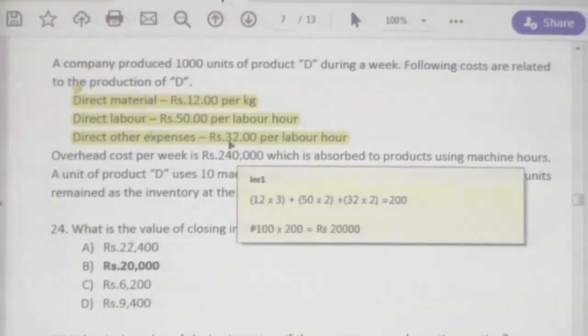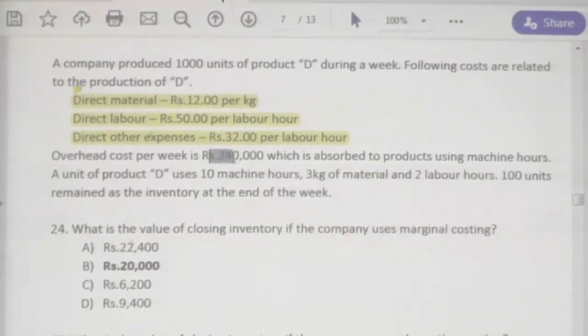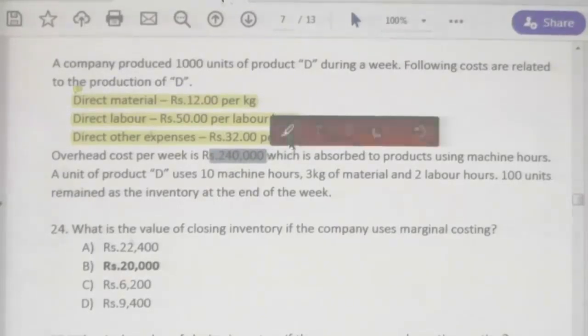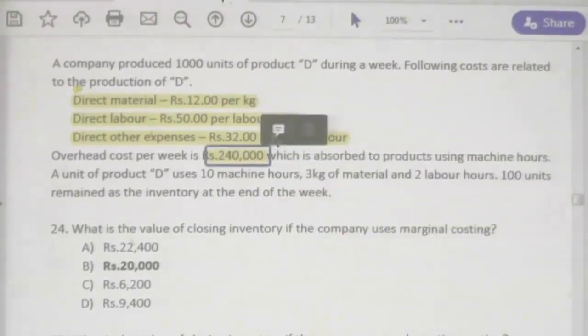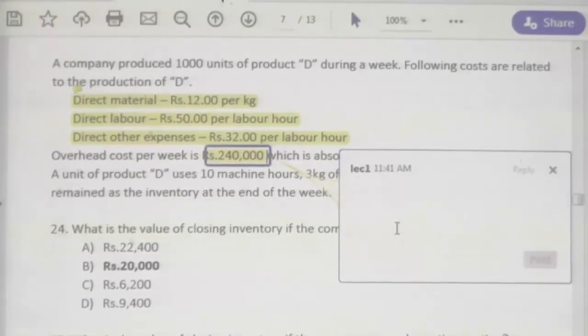Now this is the total fixed cost, 240,000. You know total fixed cost will be absorbed based on the capacity. You had the capacity for 1000 units per week. 1 unit requires 10 machine hours because you will absorb your fixed cost using machine hours.